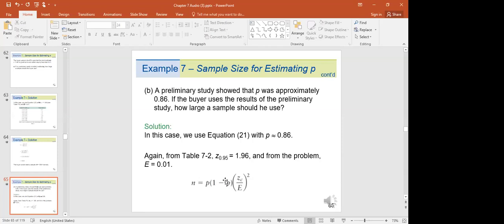We will use the formula N equals P times 1 minus P. Here P is 0.86. We will do 1 minus 0.86, which is 0.14. And then we multiply this with ZC over E, squared.